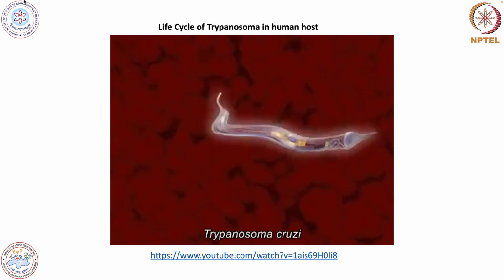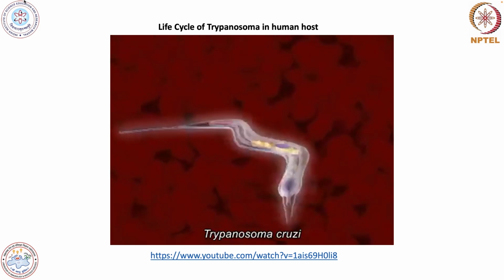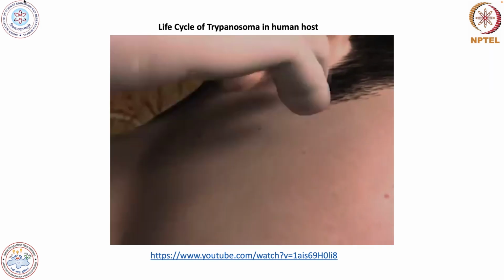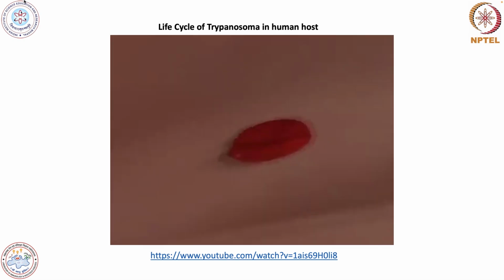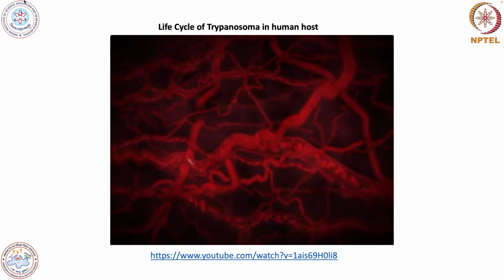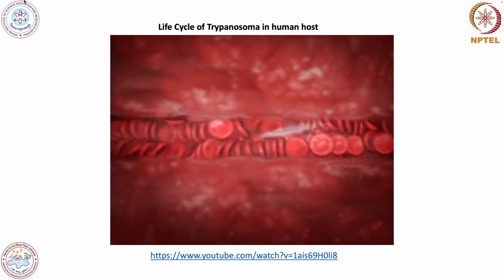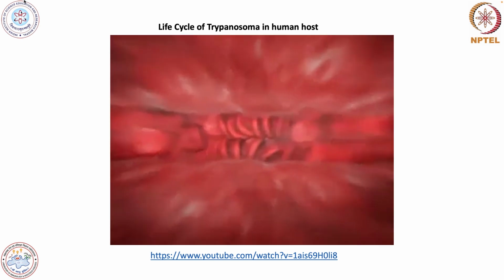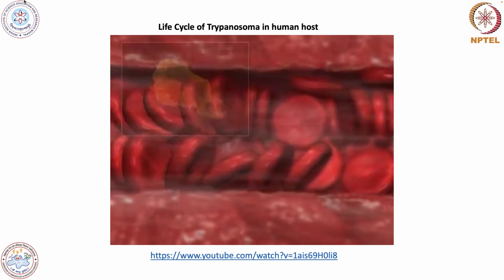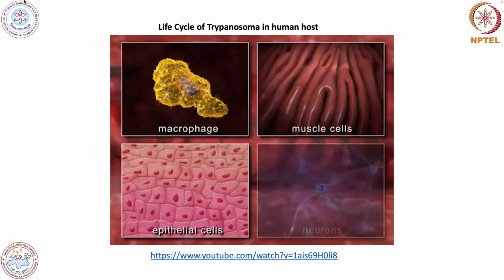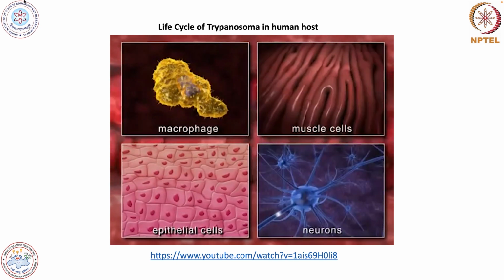Note that this form has great motility. Observe that the parasite enters the host through the bite site when the host scratches the site, or when the parasite moves to a region covered by mucosa. The parasite reaches the mammalian bloodstream and subsequently invades different cell types that it encounters, such as macrophages, muscle cells, epithelial cells, and neurons.